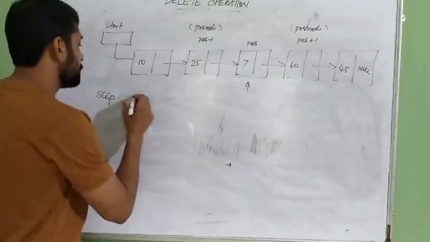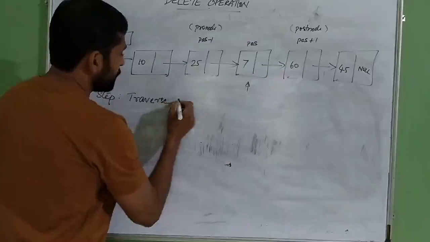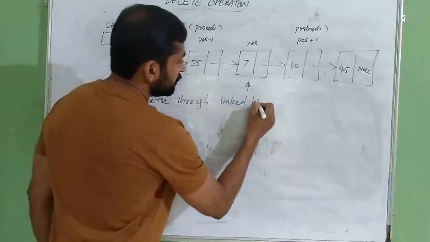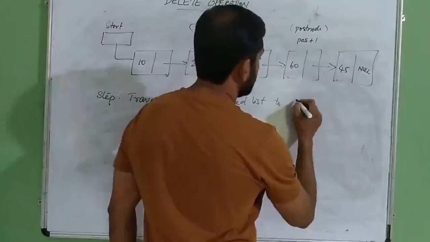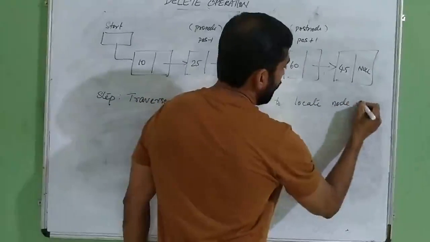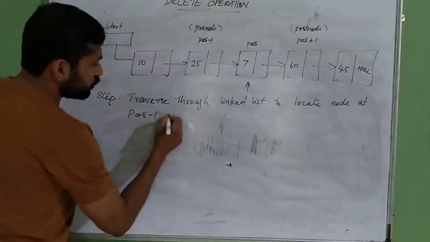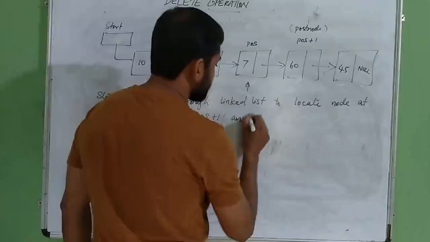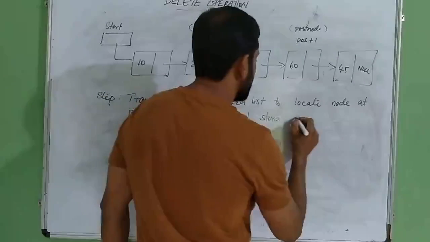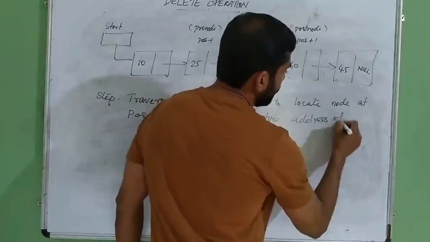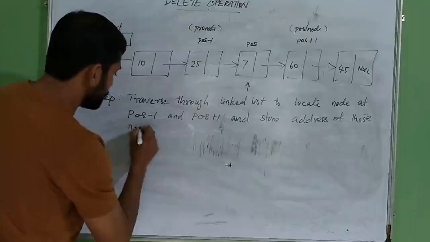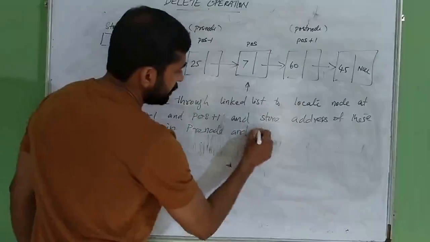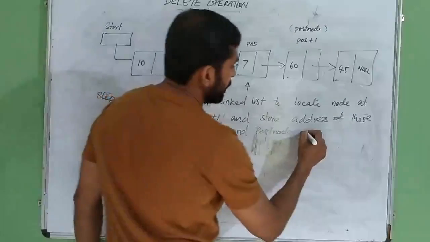Step 1, traverse through linked list. 2, locate node at POS minus 1 and POS plus 1 and store address of these nodes in pre-node and post-node respectively.